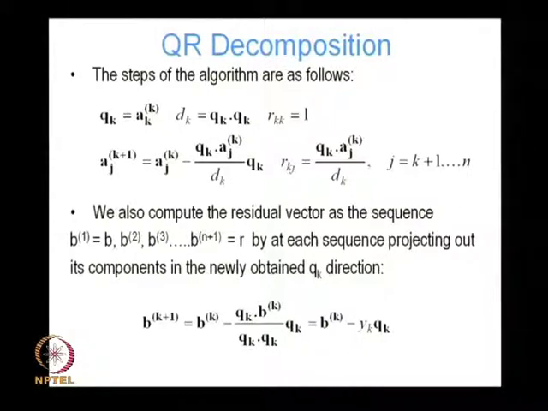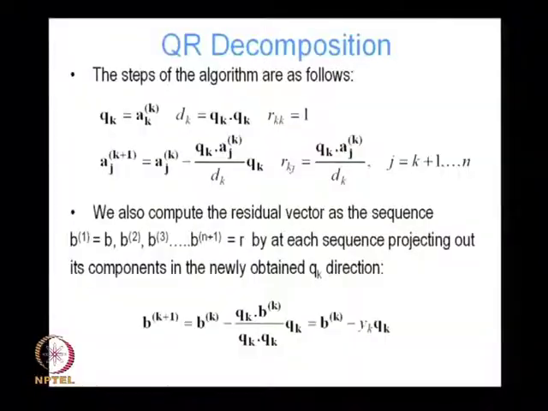So, in the next iteration, I can automatically take the first vector and make it my next qk vector, because I am assured that all those vectors are orthogonal to my previously formed qk vectors. At the same time we compute R, which is Rkj equal to qk dotted with aj, divided by dk. This is how we form our QR decomposition.